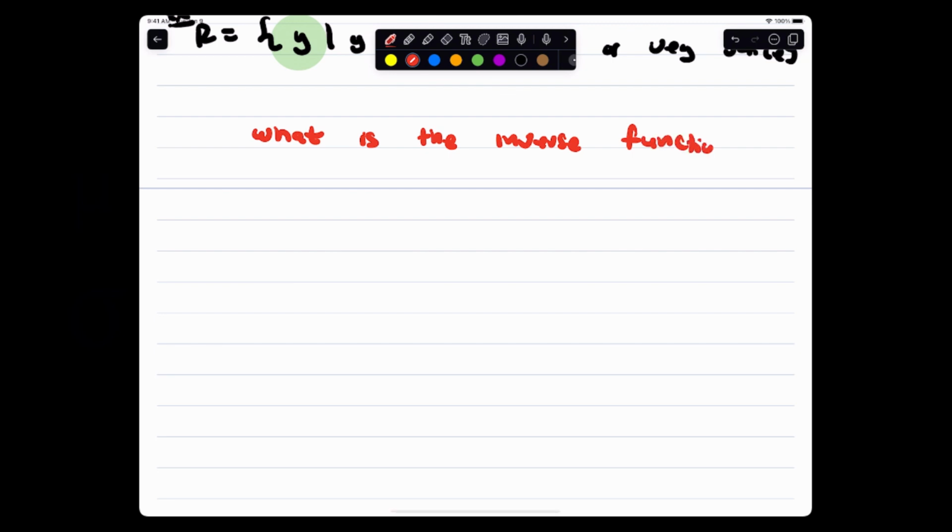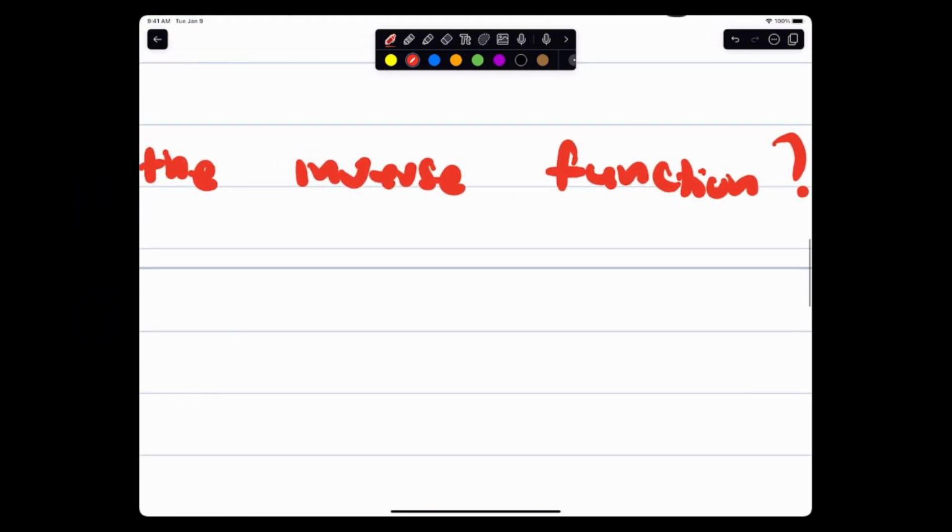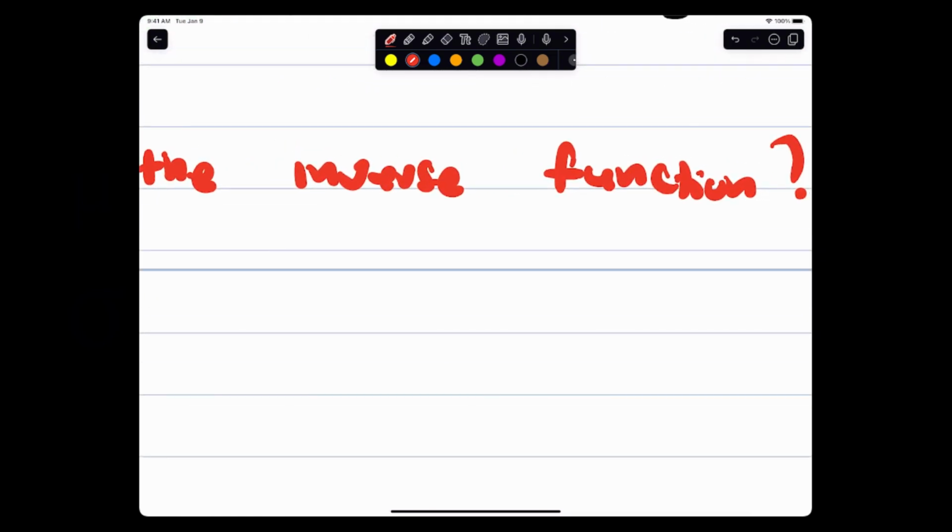Function. What is this idea of an inverse? Okay? Now, the word inverse, it's a formal word in math. I think they should have really called it the what? The reverse function. Personally. Not the inverse function, but the reverse function.